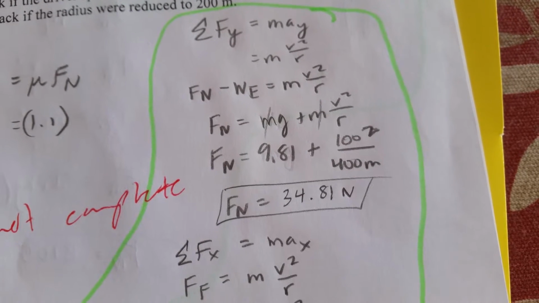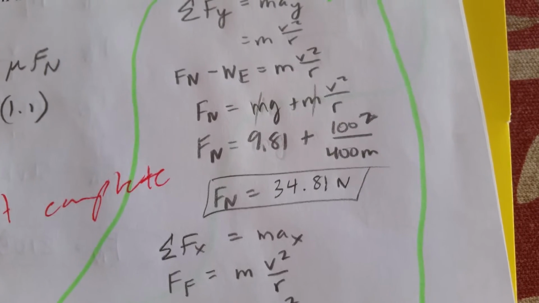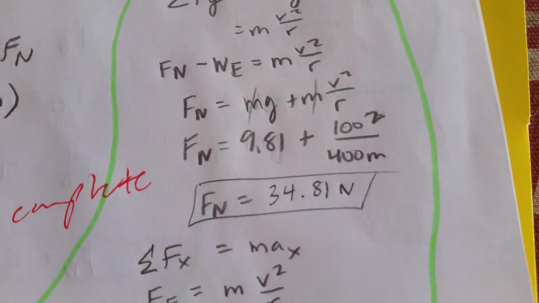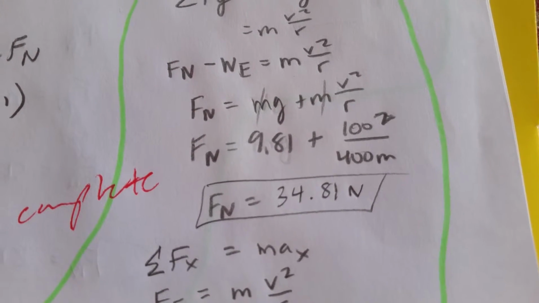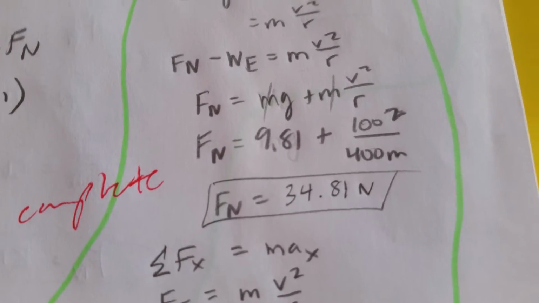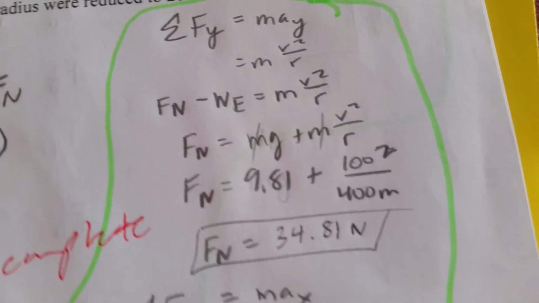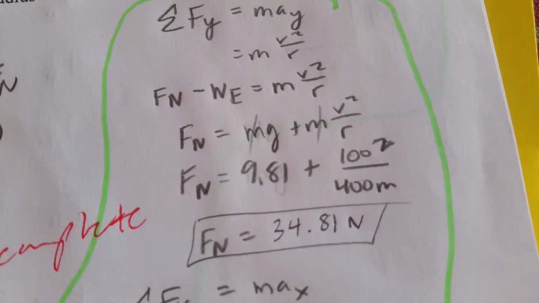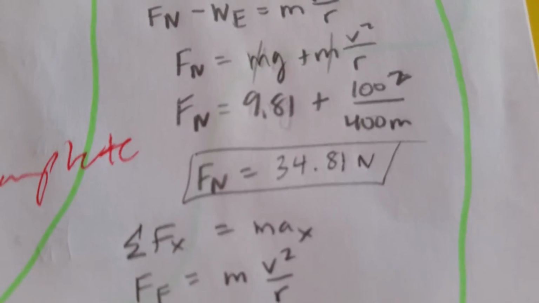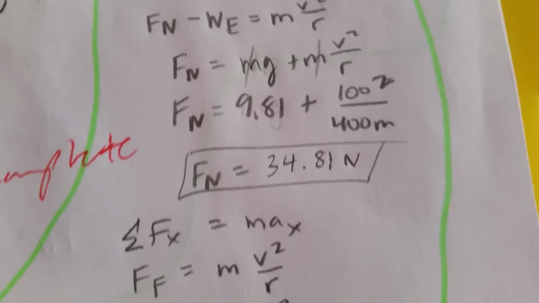I can't really explain why I crossed that off, but either way, if you do cross off the mass, I got 9.81 plus the 100 squared, which is the velocity they gave us, over 400 meters, which was the radius that was given. If I had left the mass in there and just multiplied it out, it would have come up with a slightly larger normal force, but it doesn't change my answer at all.